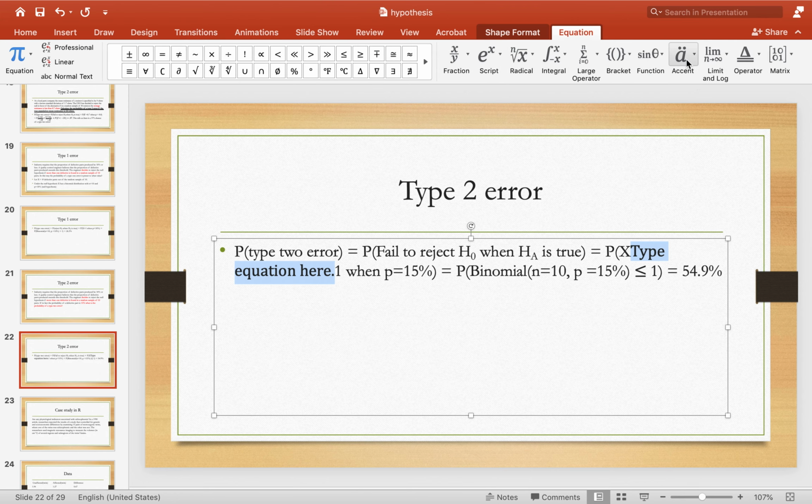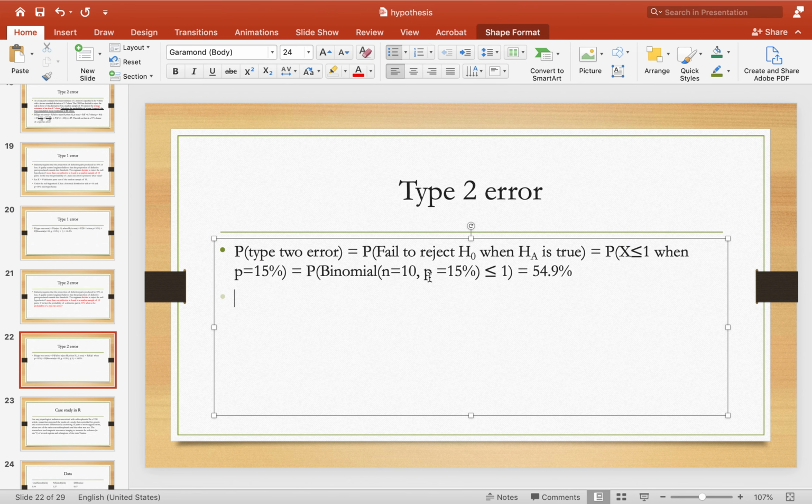Okay. When the alternative is true, the probability of defective is 15%. So that means the binomial distribution with a sample of 10 and probability equal to 15% on each trial, probability of X less than or equal to 1, is 54.9%. That's the type 2 error.